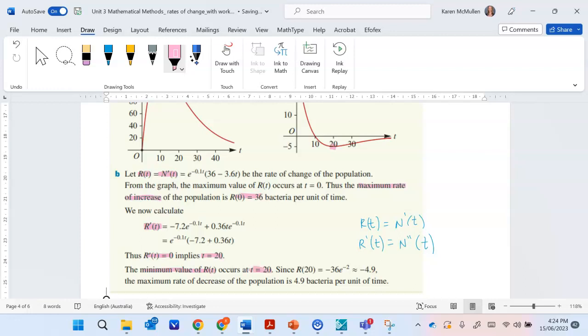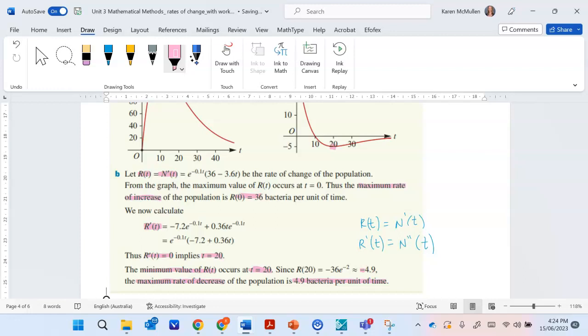But how we interpret that is the maximum rate of decrease. And it's negative here, but remember that negative is your decrease. So we say it's 4.9 bacteria per unit of time. All right, so don't say negative 4.9. It's like if you lost weight, you don't say, I lost negative 5 kilos.